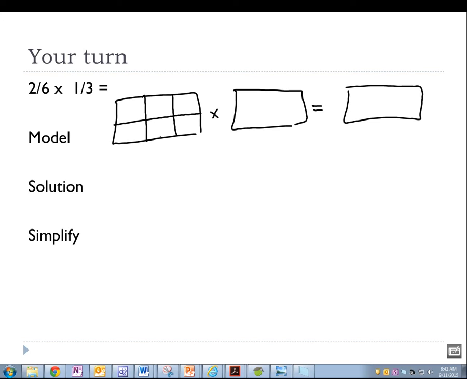Then we have 1/3. That's not going to work like that.